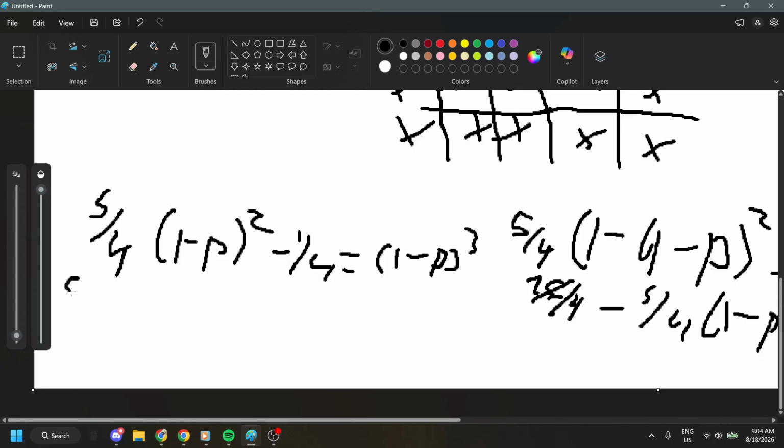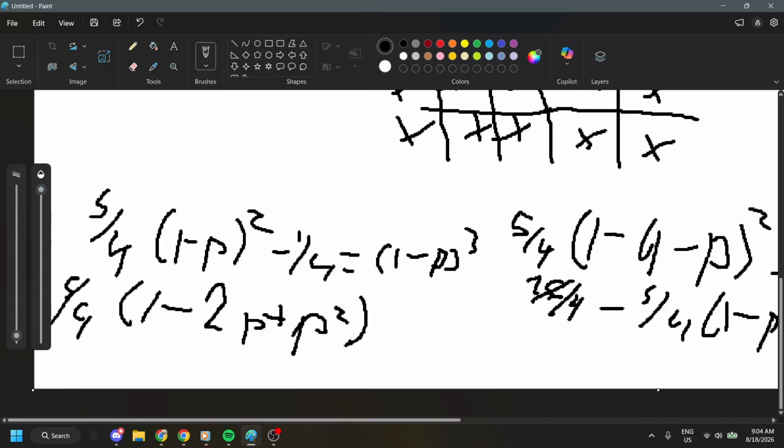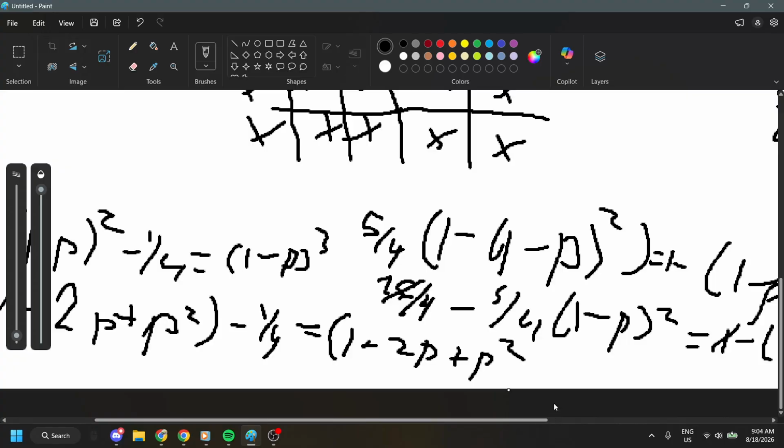So this is going to be 5/4 times 1 minus 2p plus p squared, minus 1/4, is equal to this times 1 minus p, which would be 1 minus 2p plus p squared minus p plus 2p squared minus p cubed. Okay.